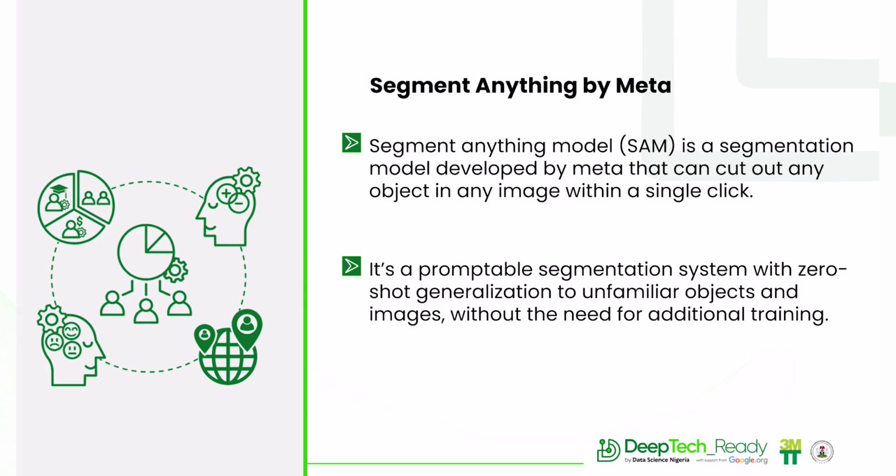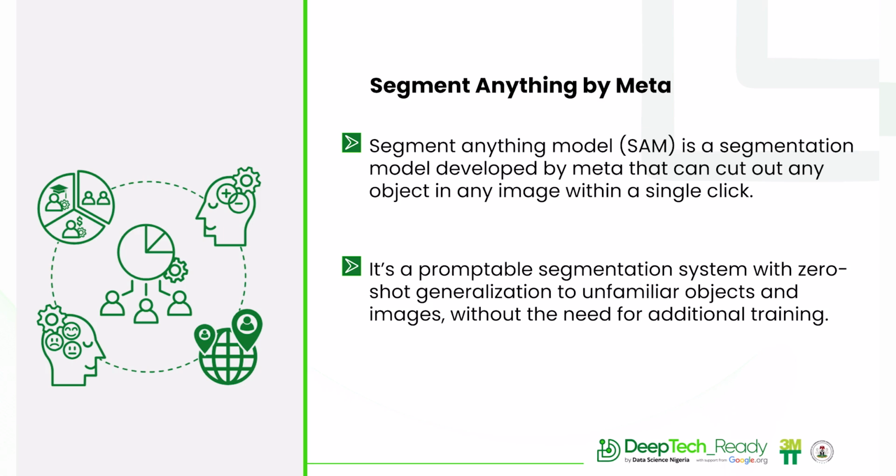So, the last thing I would want to talk about before we go hands on is what we call Segment Anything by Meta. Segment Anything, like I always call it SAM, is a segmentation model developed by Meta that can actually cut any object in any image with a single click. Now, it's a powerful segmentation technique, which I will demonstrate with respect to how to use it. Literally what it does is that it's a model that has learned to uniquely identify or classify objects pixel-wise.